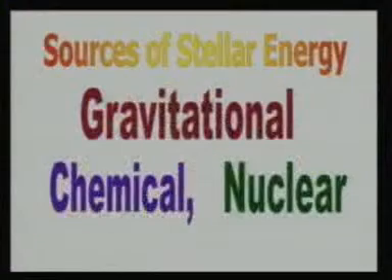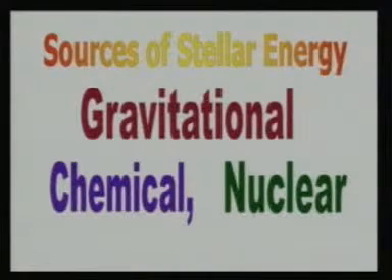You see, remember that there are only 3 types of processes which can serve as energy sources in stars. These are gravitational, chemical, and nuclear. Chemical can be easily ruled out. Even a simple calculation will show that chemical energy is not sufficient.